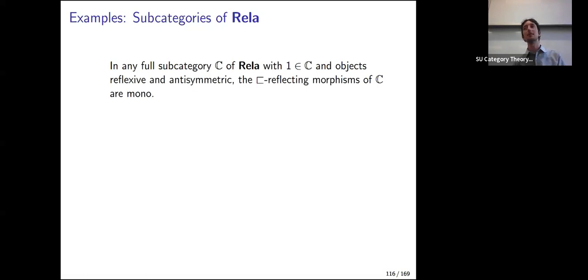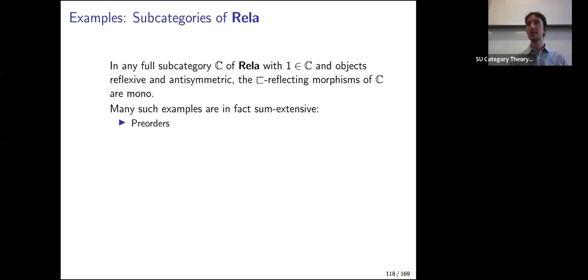It's not even that they're exactly the relation-reflecting monomorphisms, but they are all mono when this holds. Okay, and many examples like this are in fact sum-extensive. So if I take objects to be pre-orders or partial orders, or directed complete partial orders, and I think this holds if you still only consider morphisms to be Scott continuous.